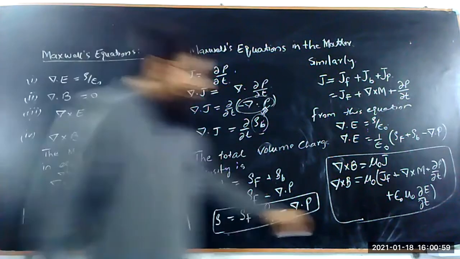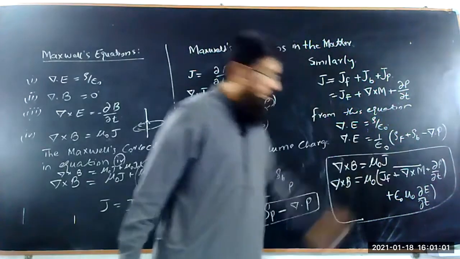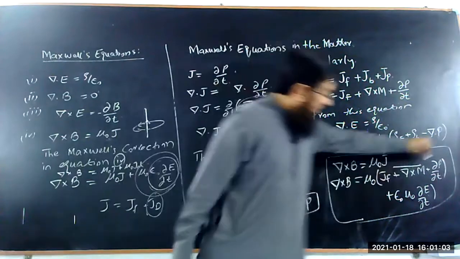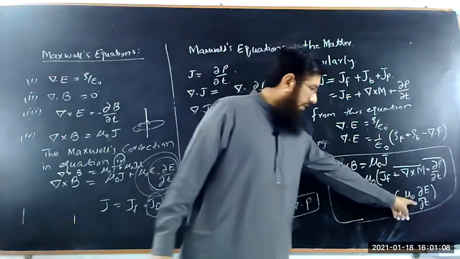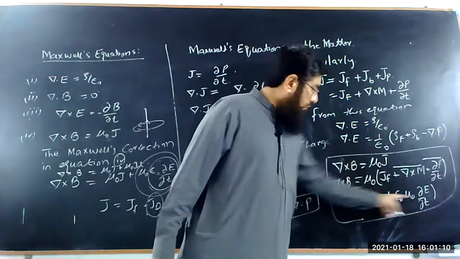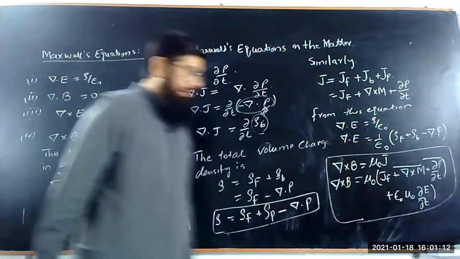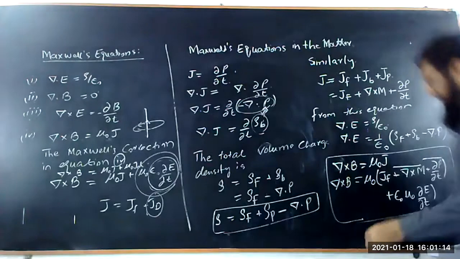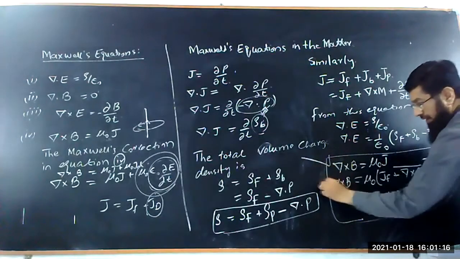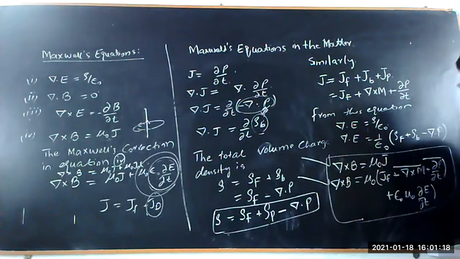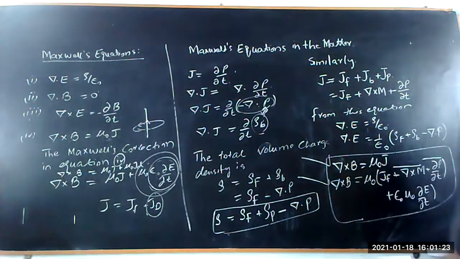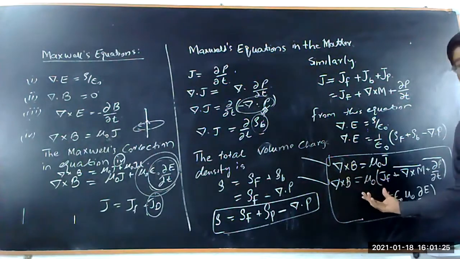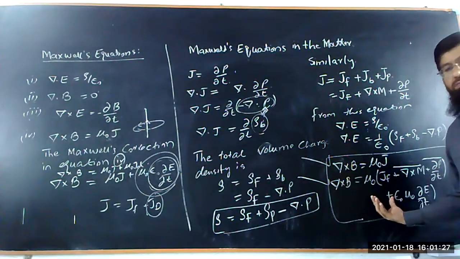So this is introduced into the bound current density, and this is introduced into the polarization current density. This is due to the non-uniformity. So the curl of B becomes this. This is the equation of Ampere's law, which we call the modification made by Maxwell when the electromagnetic fields pass through the medium.